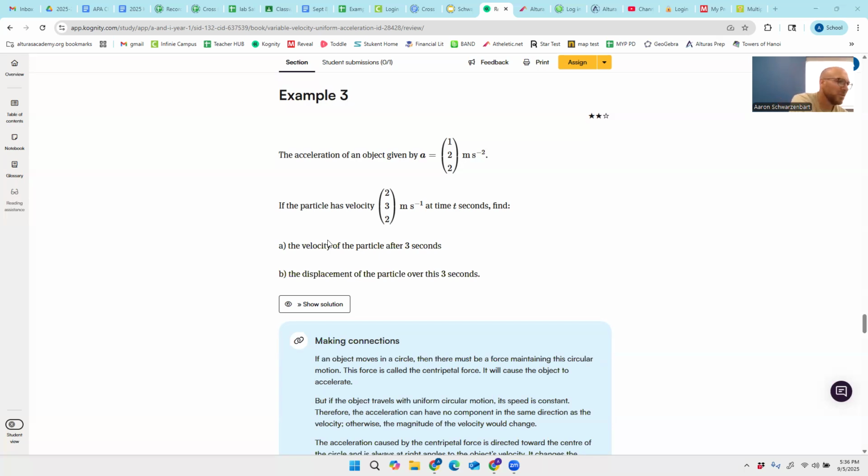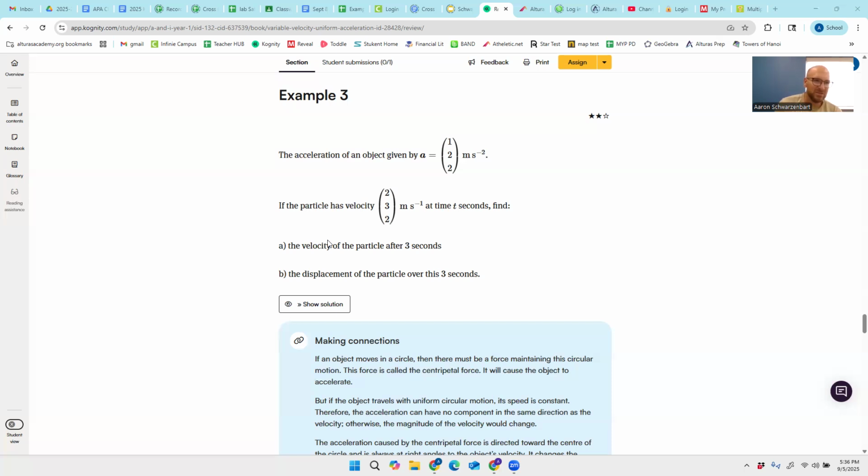So they're saying it has the velocity (2, 3, 2) ultimately as an initial at t seconds. Find the velocity of the particle 3 seconds later.